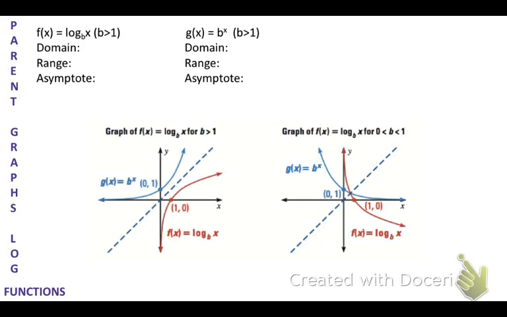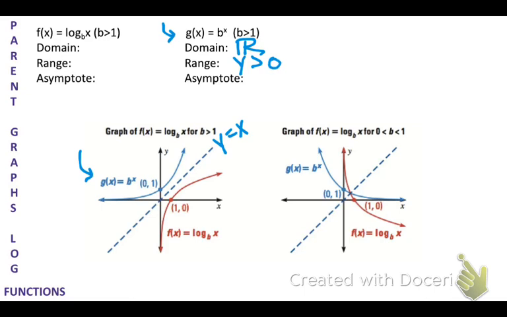Here I have some parent graphs for logarithmic functions, and we're going to concentrate just on the first graph because this video is getting to be long. But notice here we have g of x, and here's my g of x. Here's my line of reflection, y equals x. And the domain is going to be, if you remember, all real numbers. Y is greater than 0.